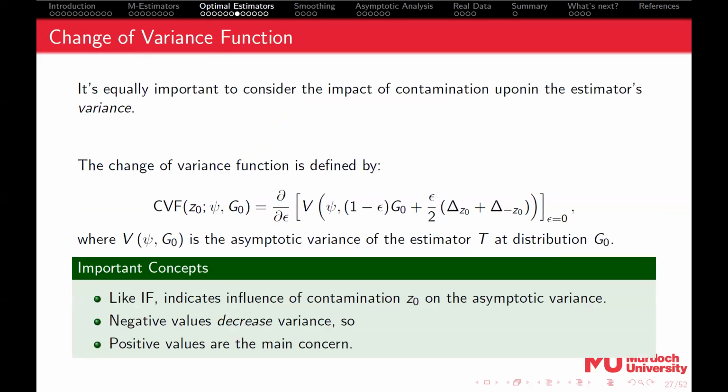Then we look at the asymptotic variance, which was also proposed by Rousseeuw, and tells us the influence of contamination on the variance.